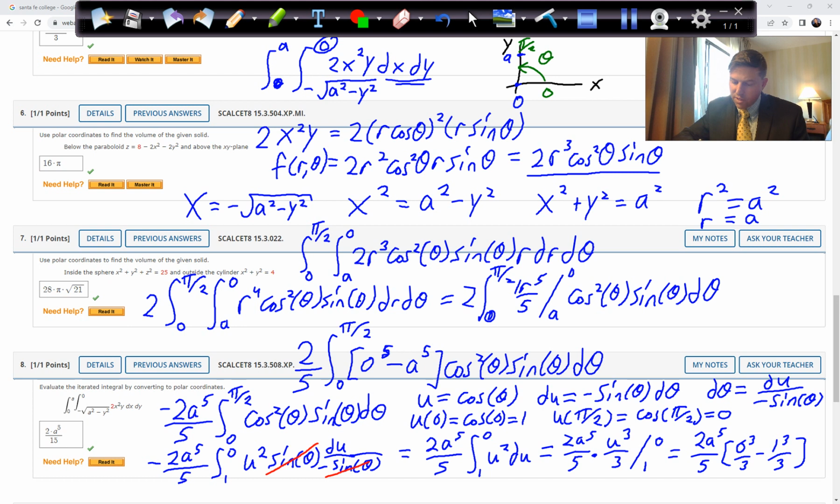The 3 will stick around also, so we get 1/3. So it's going to be 2a to the 5th over 3 times 5, which is 15. Okay, so that will complete problem 8.